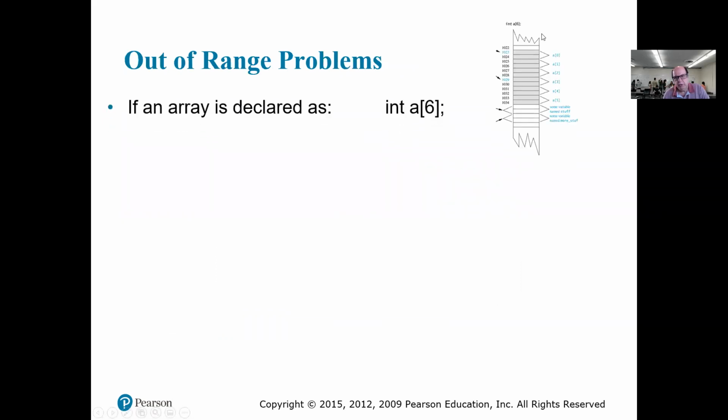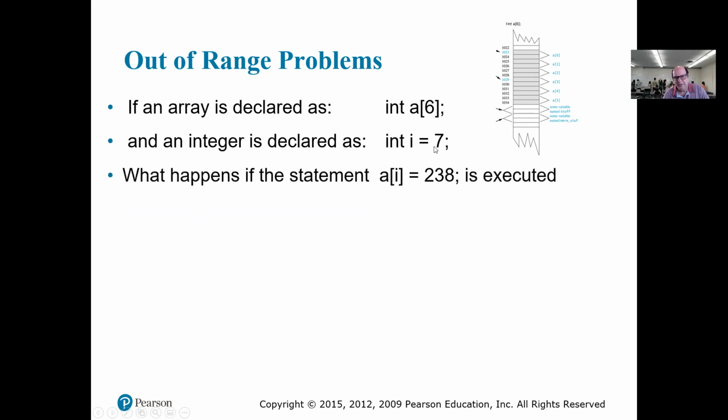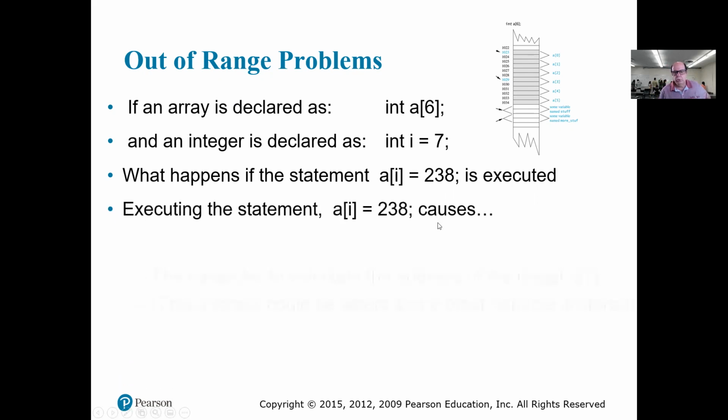So remember what we talked about with the memory location. Now I have a size of 6 and we're creating an I equal to 7. What happens if the statement A[I] equals 238 is executed? Think about it for a minute. What's going to happen if I say A[I] equals 238?